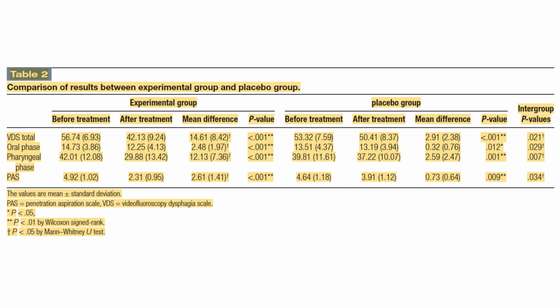On page 4, the authors included Table 2, which reported the results of the video fluoroscopy dysphagia scale and penetration aspiration scale before and after treatment for the experimental and placebo groups independently, and then intergroup statistics were calculated to show differences between the groups. So for question 11 on the checklist, I would say yes, participants were analysed in the groups to which they were randomised to.